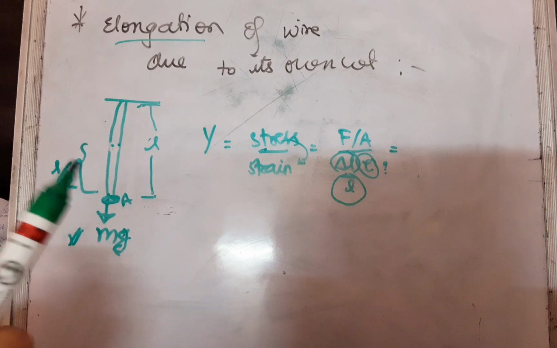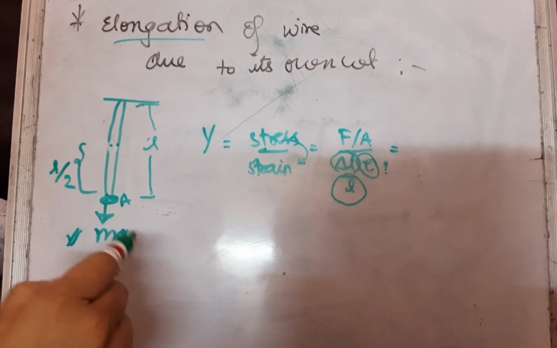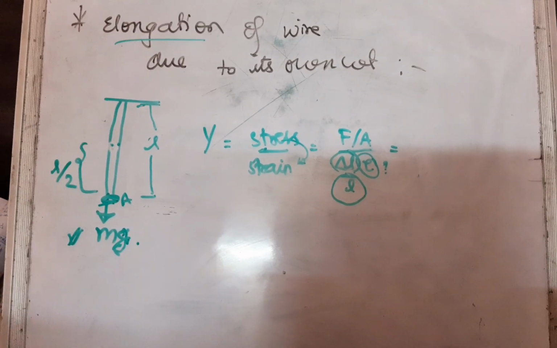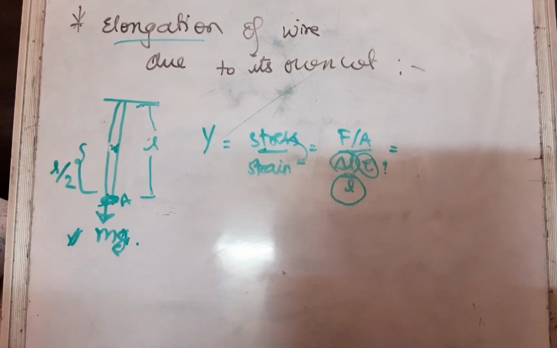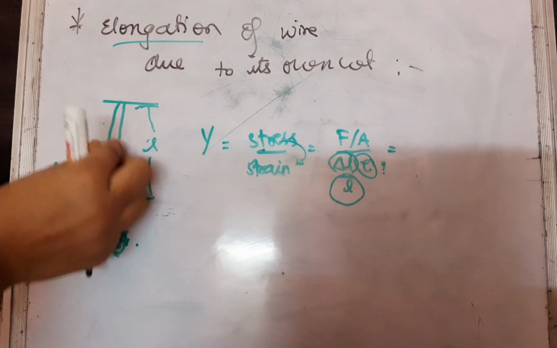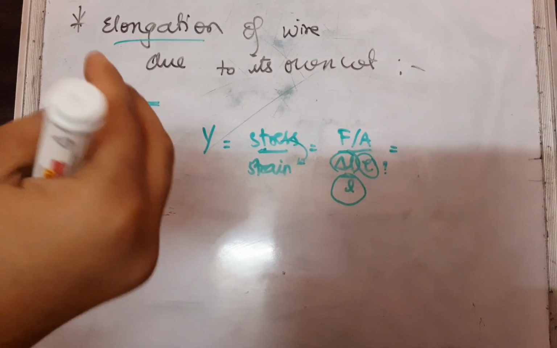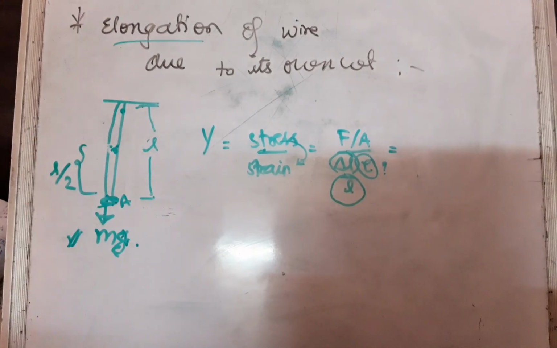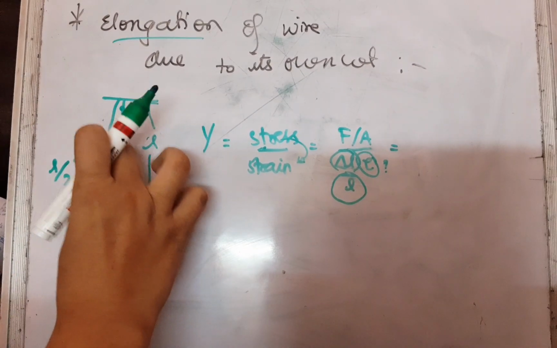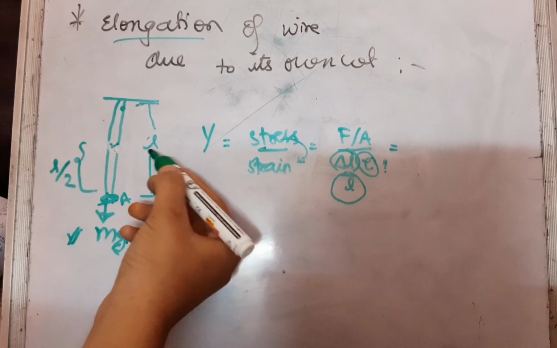So the force here is mg, which is acting at this end point, right? Or I must say it is acting on the center of mass. There is no role of this force acting on some point over here. It is acting at the center of mass.